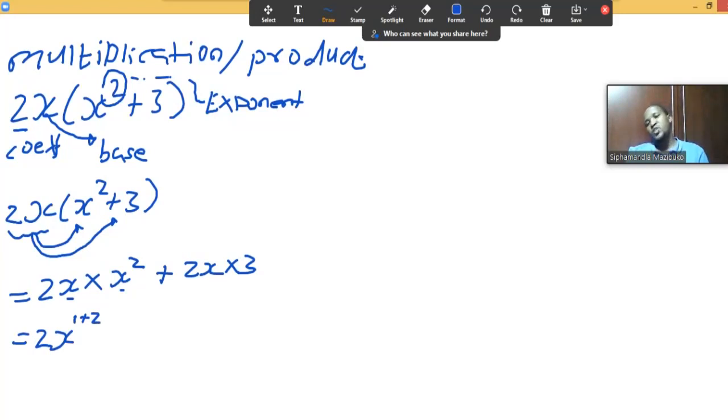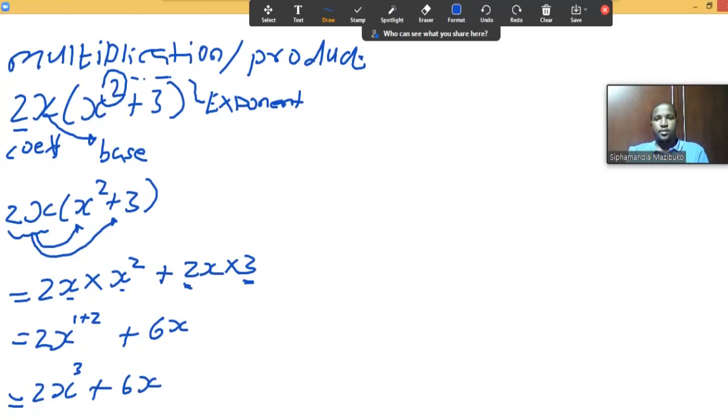In this case, we have a coefficient of 2 and a coefficient of 3. We only have x as a base. So we say 2 times 3, and that gives us 6, and x remains. So the answer will be 2x cubed plus 6x. Hence we have multiplied, or we have expanded.